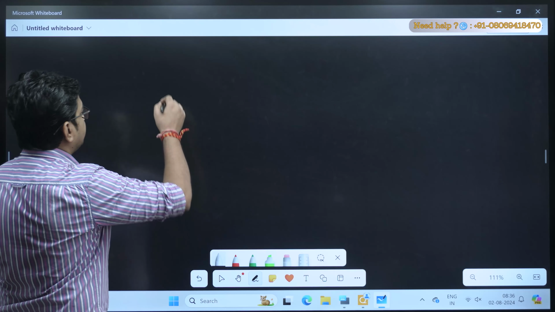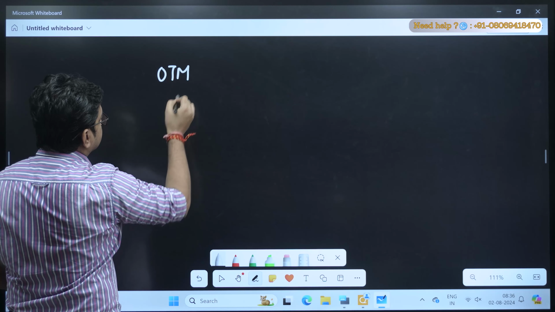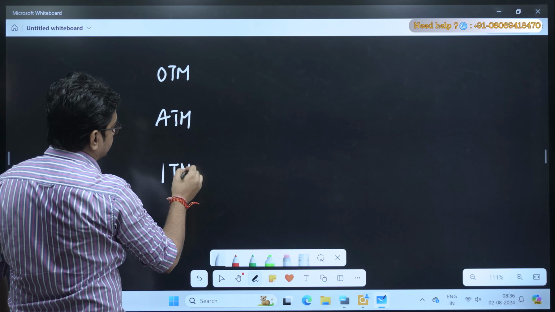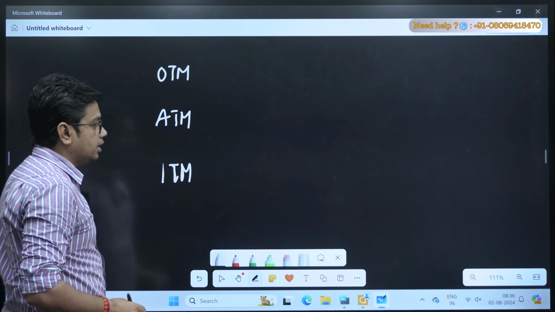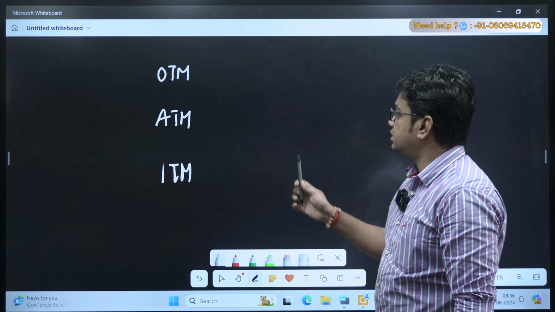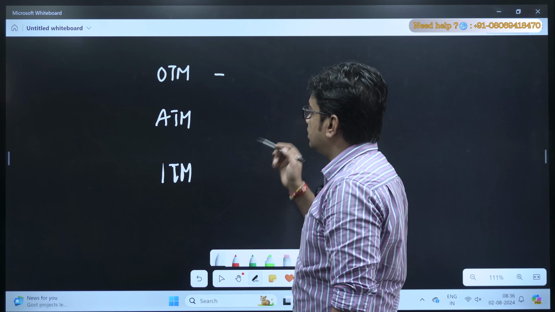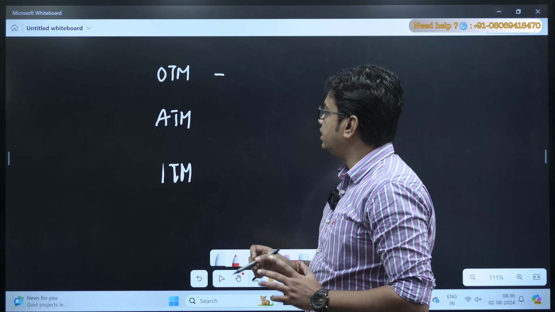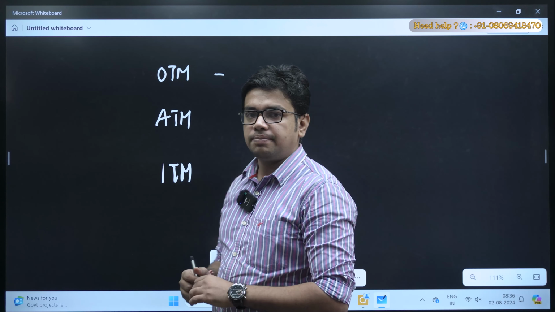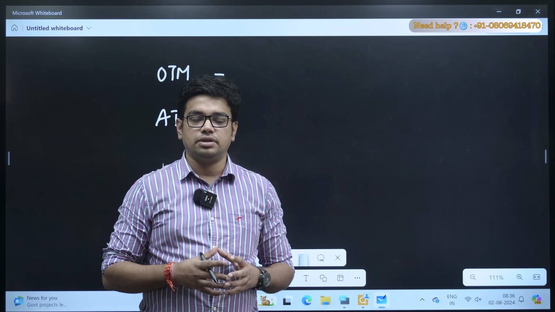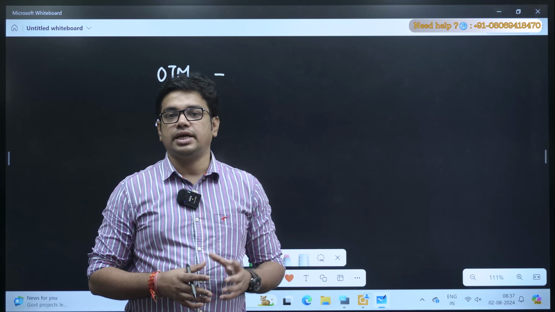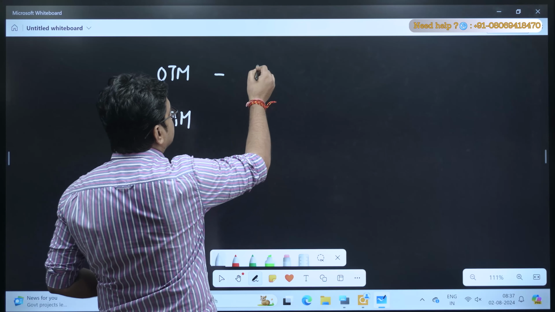If I am considering OTM, ATM and ITM, according to calculations, various calculation methods we use, the options which are at OTM will be less expensive as compared to these two options. That is why the OTM strikes are cheaper. Most of the traders tend to buy more quantities at the OTM level, so it will be much cheaper.